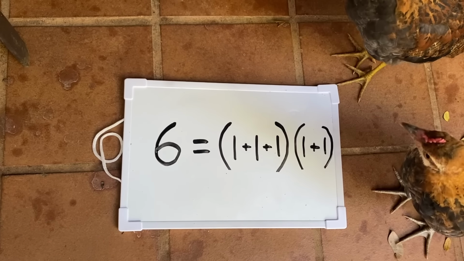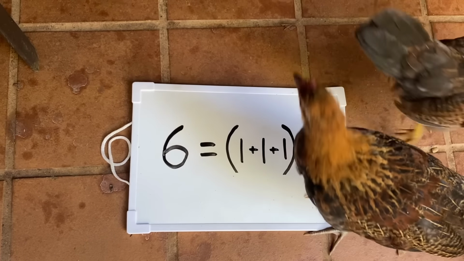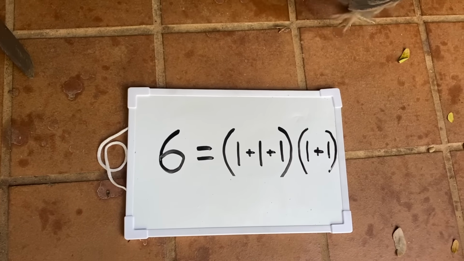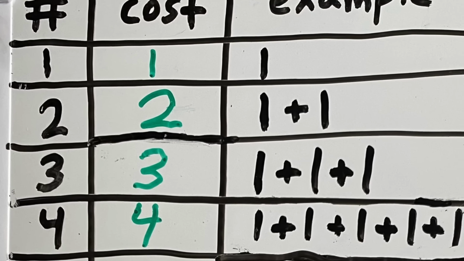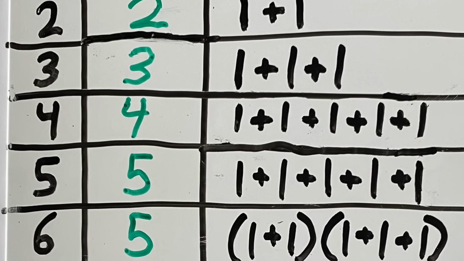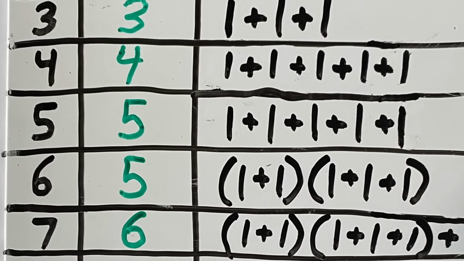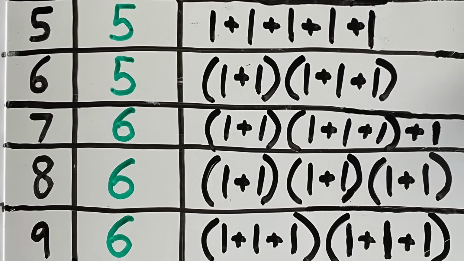Then at 6, we get to the interesting trait where the cost is smaller than the number. It's also the first time that we have a cost that was the same as the previous number. And following that, we get a 3 in a row, where 7, 8, and 9 all have a cost of 6.